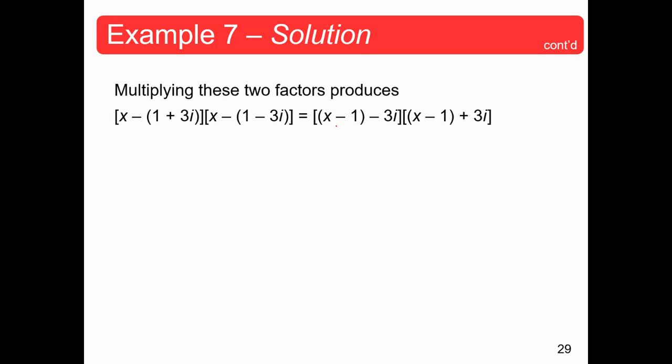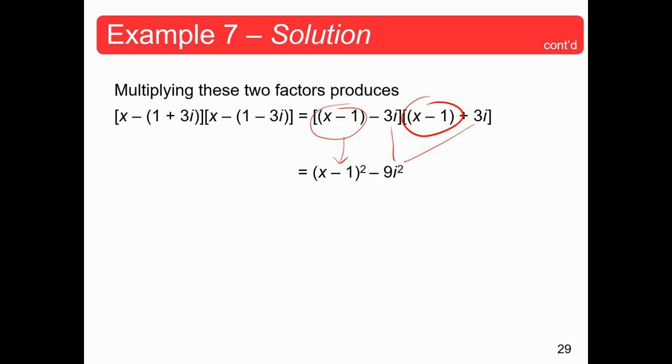So now if I write them together, I have this, but we need to multiply them out. If I multiply these out, this times this gives me 9i squared, and I can also multiply this and this together to get this squared.